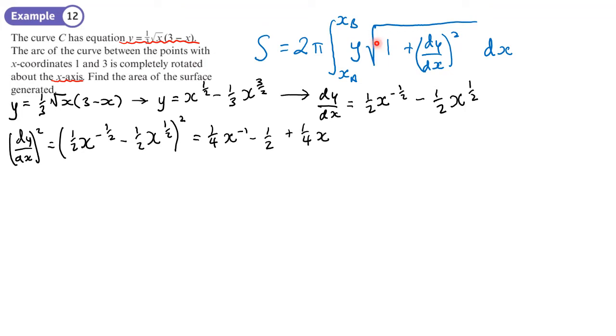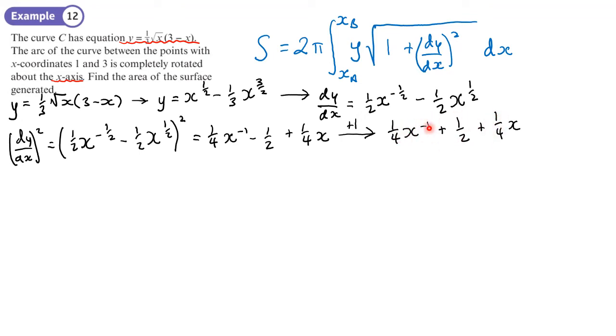Now let's try and do as much as we can before we put it in here. So let's add the 1 to this dy/dx all squared. What we end up with is a quarter x to the minus 1, minus 1 plus a half plus a quarter x.